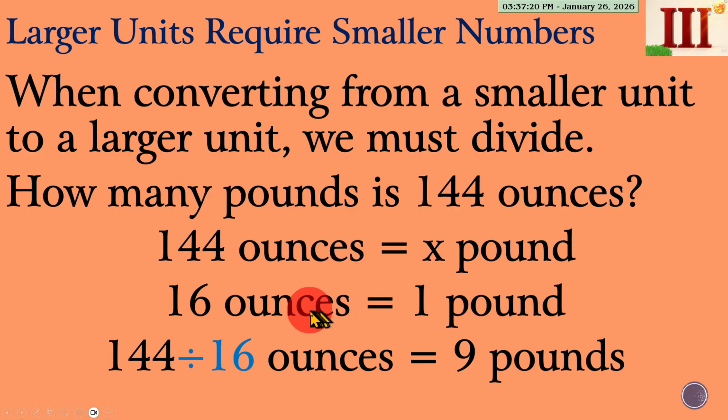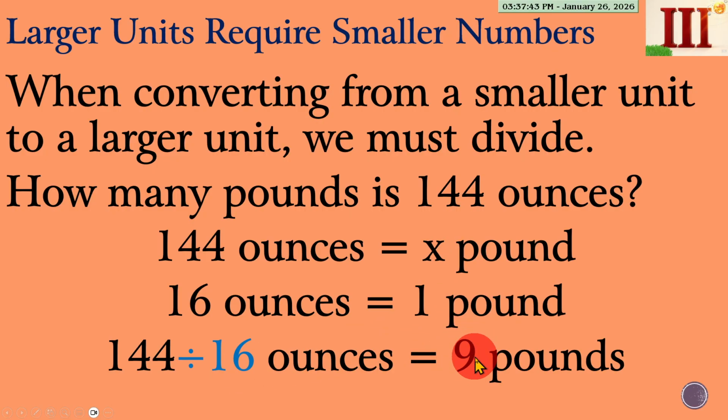Now, there's going to be another method I'm going to use to show you, where you can put it first. But for this common sense method, as I will call it for now, we will put the conversion second. So 144 divided by 16 ounces is going to give us 9 pounds.